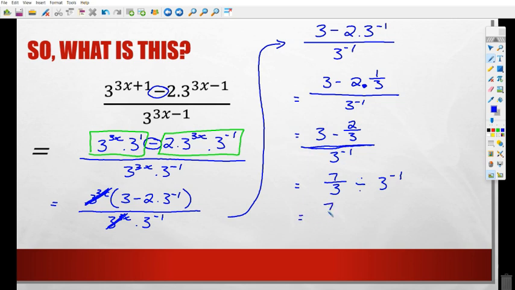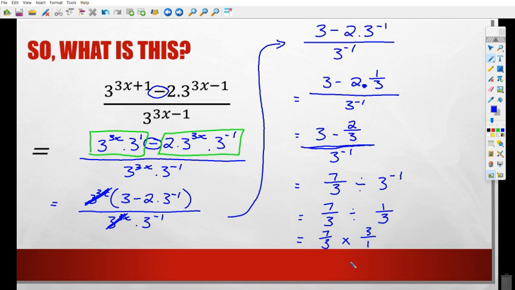Right, and I've got 7 over 3 divided by, how can I rewrite 3 to the negative 1 as a positive exponent? It's 1 over 3. Now what do I do when I'm dividing fractions? I multiply and flip. So 7 over 3 multiplied by 3 over 1.